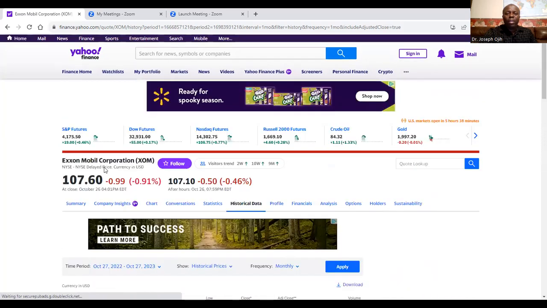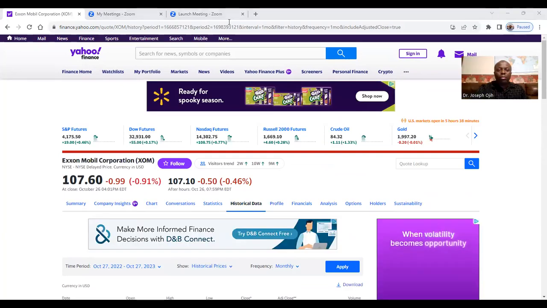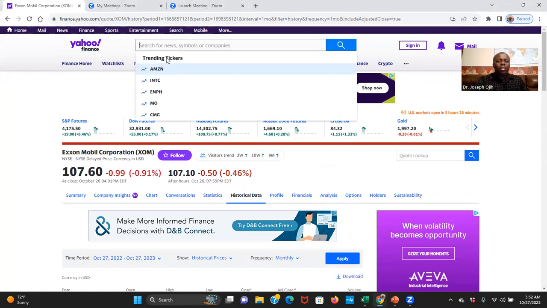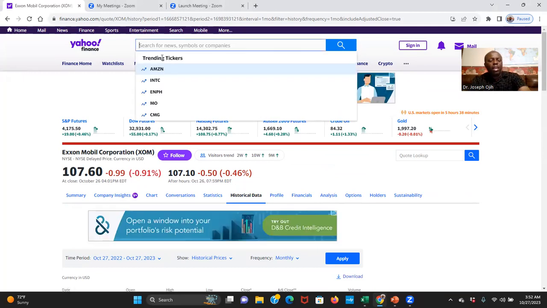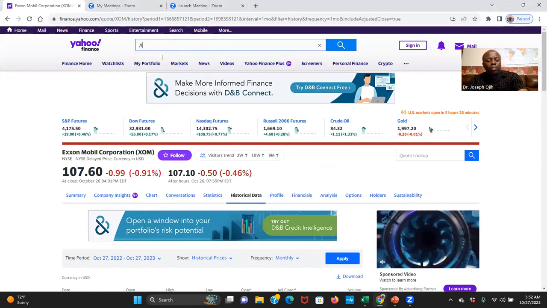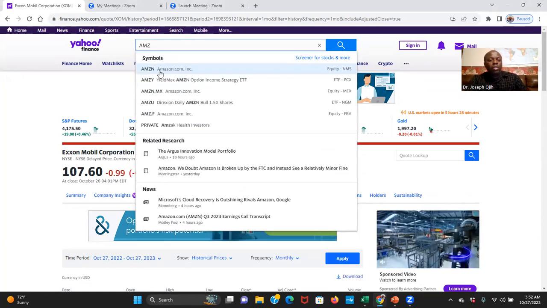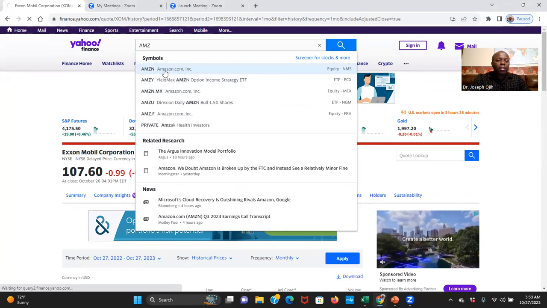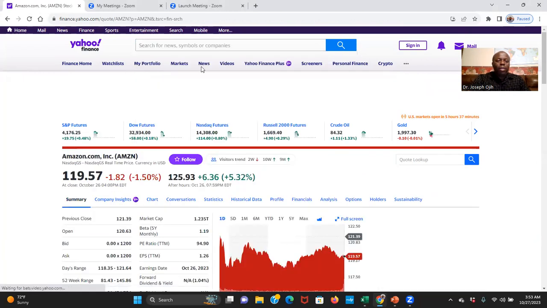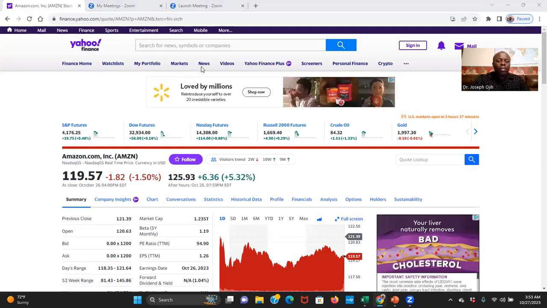If it's another company, let's say Apple or any other company that pays dividends, or you might even try Amazon. The trading symbol is AMZN. Okay, we'll try Amazon. This is the stock price here, which gives us the stock price right away.